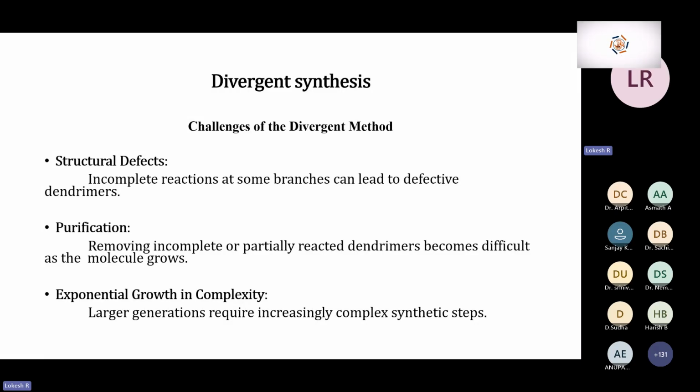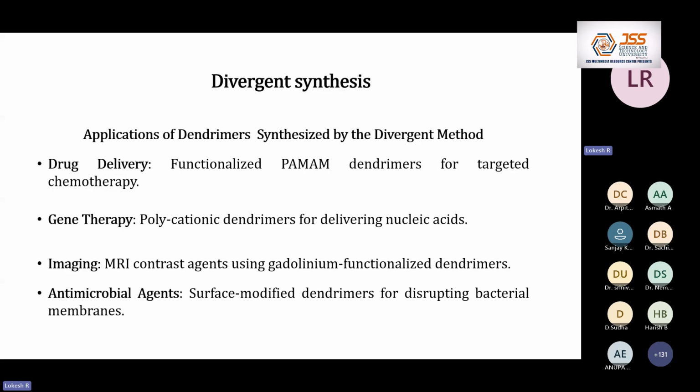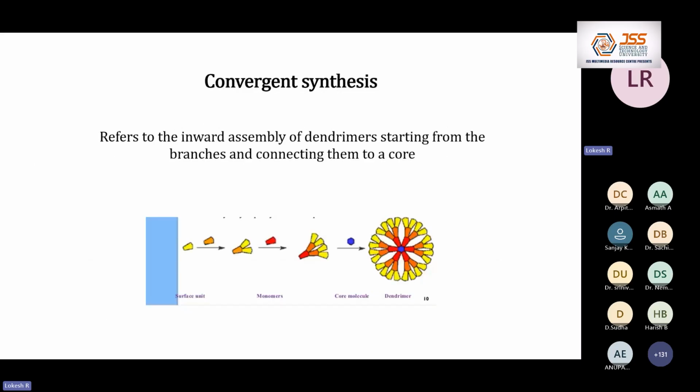And large generations require increasingly complex synthetic steps. The applications of dendrimers are drug delivery, gene therapy, imaging, and antimicrobial agents. Convergent synthesis is assembling atoms or molecules through chemical reactions or physical interactions. Examples of this method include self-assembly and the solution gel method.